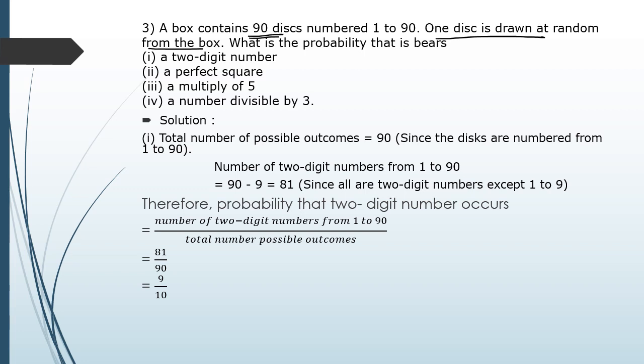So we have total 90 possibilities of taking the disc out. That is why our sample space here would be all the discs numbered from 1 to 90. And that is why the n of S would be equal to 90 for us. Total number of possible outcomes 90, since the discs are numbered from 1 to 90.